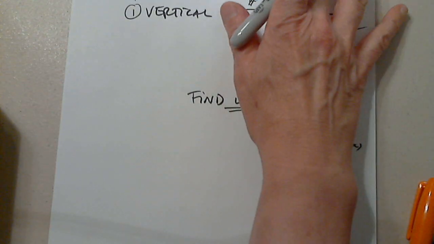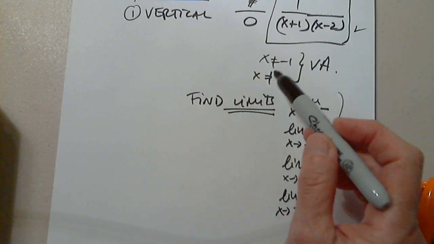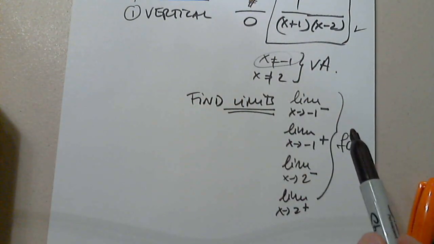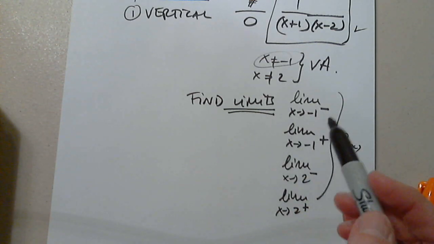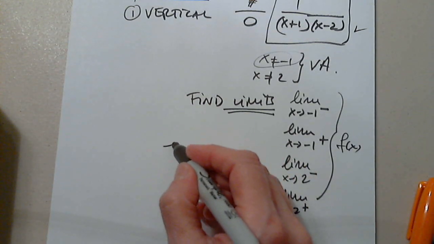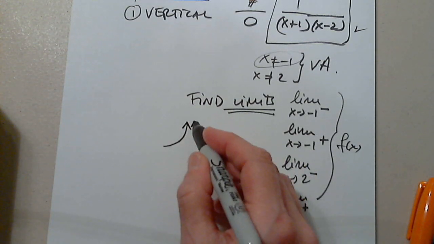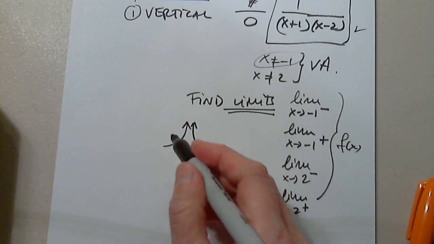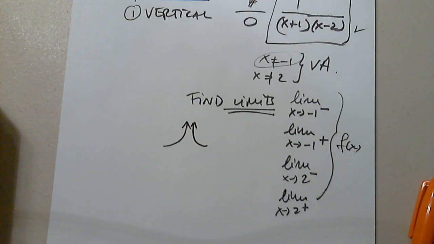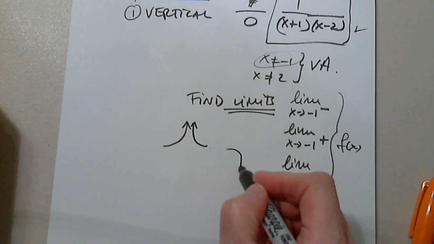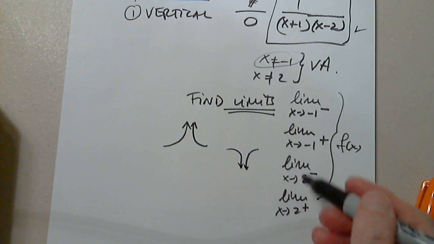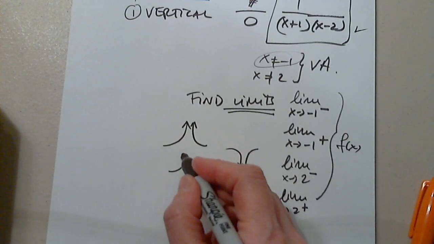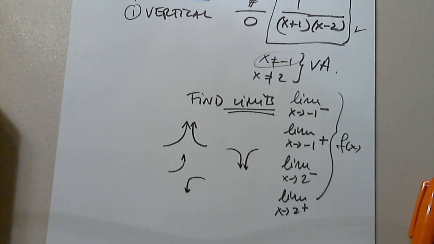So it's not sufficient to say x equals -1 is a vertical asymptote. No, I have to determine these limits. And they have to be either both going to positive infinity, so infinity, infinity. Second option, negative infinity, negative infinity, of course for both, or positive infinity, negative infinity.